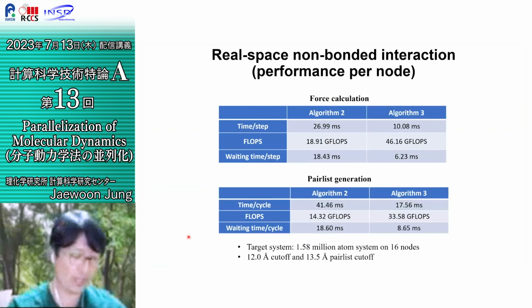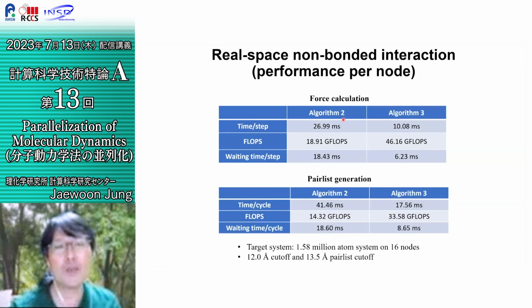And by applying several optimization schemes on Fugaku in GENESIS, we could accelerate the speed from this one to this one. Also the FLOPS is increased from this one to this one. And the computational time for non-bonded list generation used in MD is reduced from this one to this one.